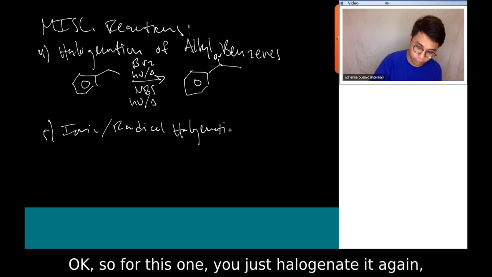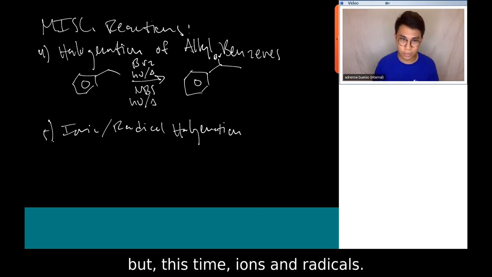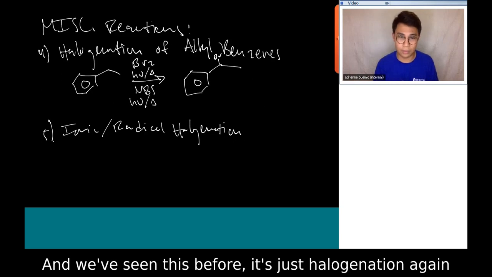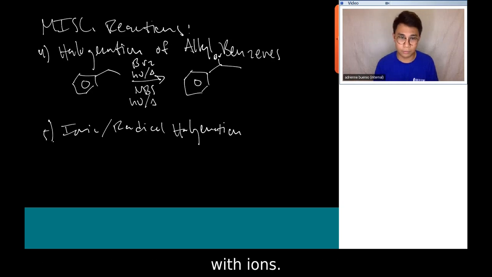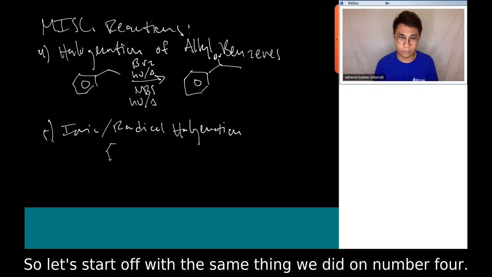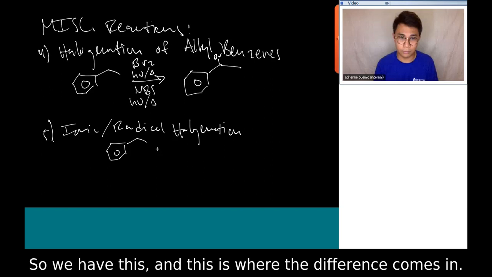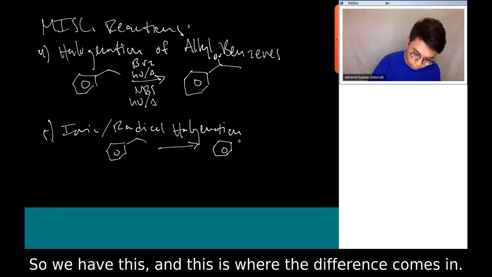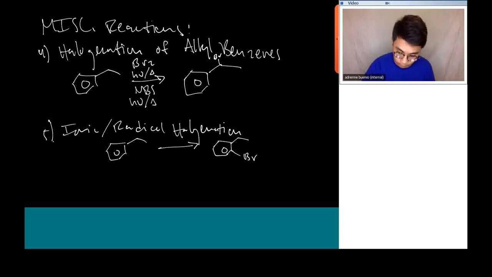Okay, 5 we have ionic and radical halogenation. For this one, you just halogenate again, but this time with ions and radicals. And we've seen this before. It's just halogenation again with ions. So let's start off with the same thing we did on number 4. So we have this, and this is where the difference comes in.